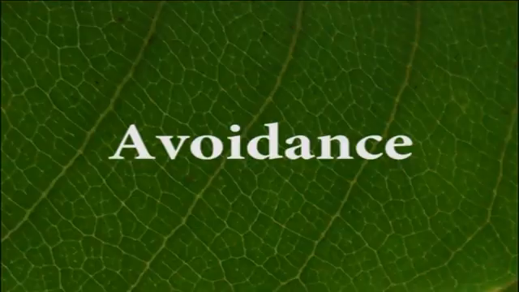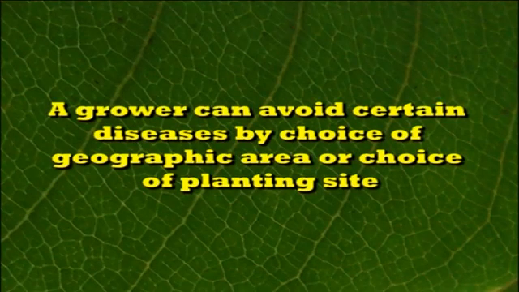Success in controlling plant disease will occur when combinations of the following methods of control are used. They are avoidance. A grower can avoid certain diseases by choice of geographical area or choice of planting site. Disease can be avoided by planting at a time that does not favor disease.